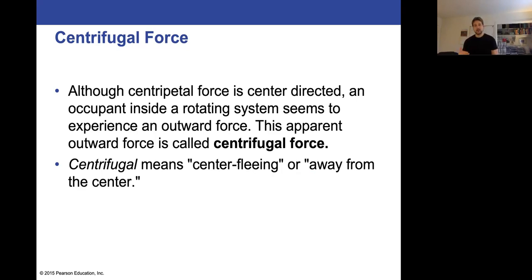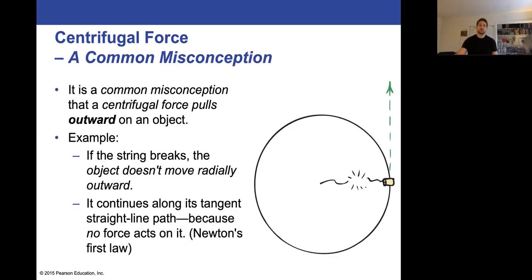As we're standing on the curb watching a car go around a curve, there's nothing pushing outward. That feeling we feel is related to our own inertia.